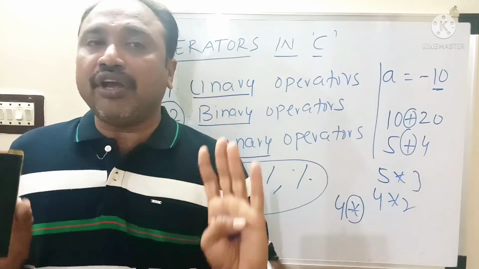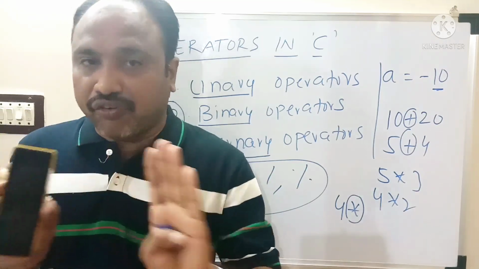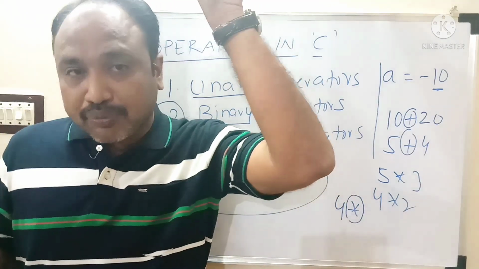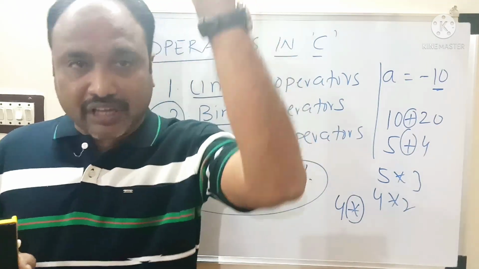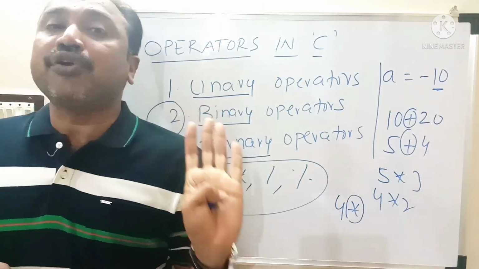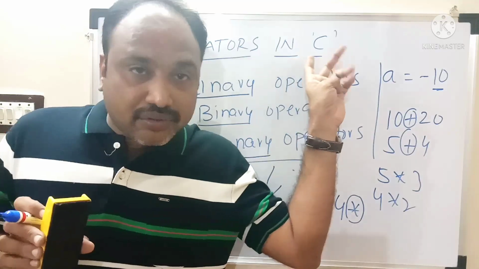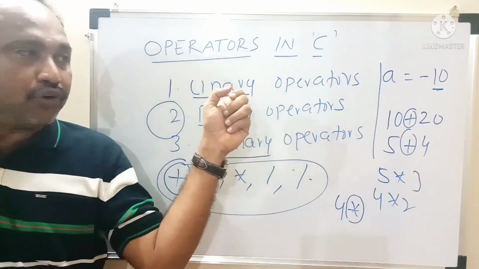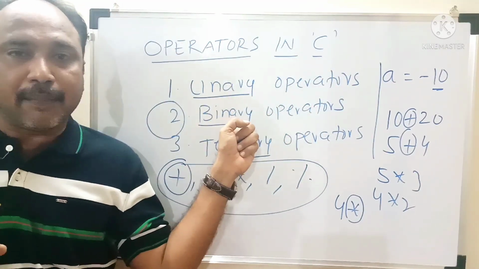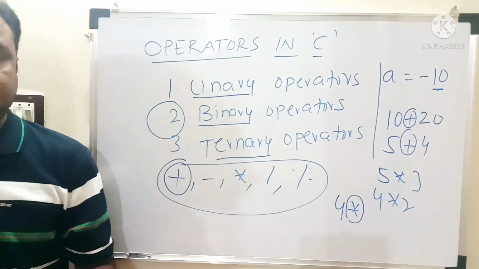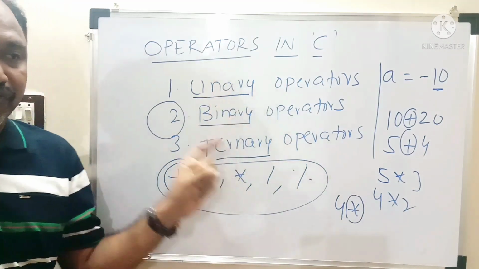So when you work with operators, don't get confused. Types of operators means we have to list out the different types of operators supported by C language. Categories of operators means we have to talk about unary operator, binary operator, ternary operator. It is clear to all of you.